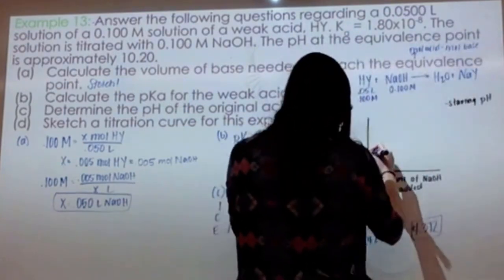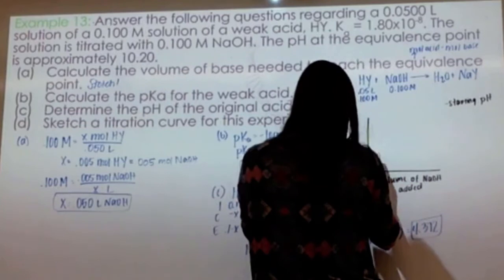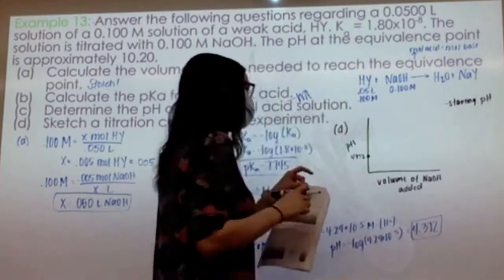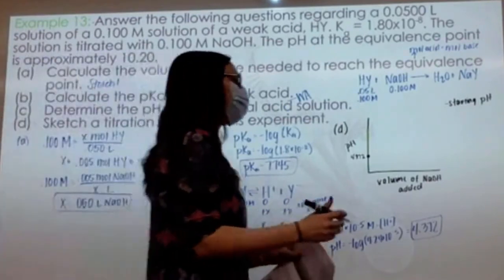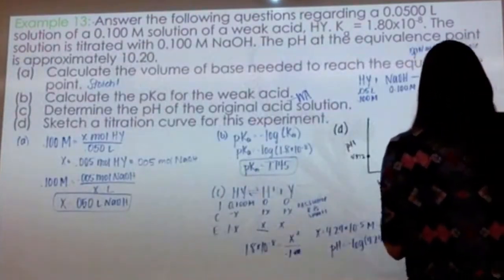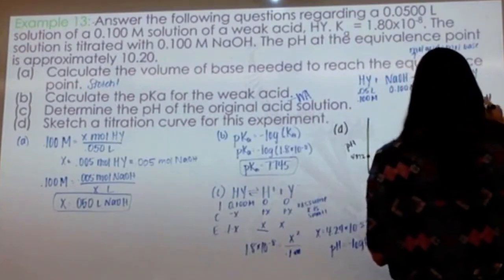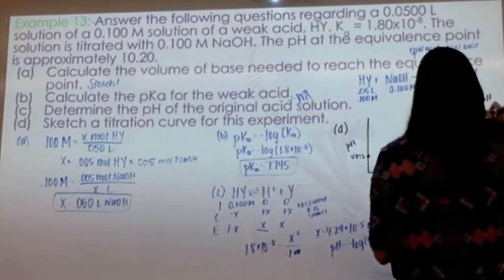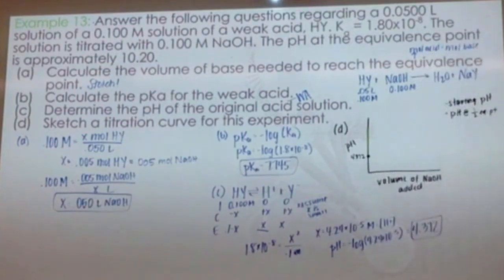So for this experiment, I'm going to put it here. It was 4.372. That was our starting pH before any NaOH is added. Then, if we can, we want to figure out the pH at the half equivalence point. Now, I like doing the pH at the half equivalence point after I've done the equivalence point, and I'll show you why.